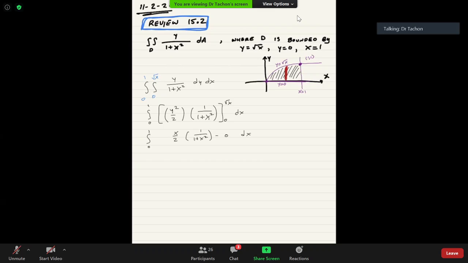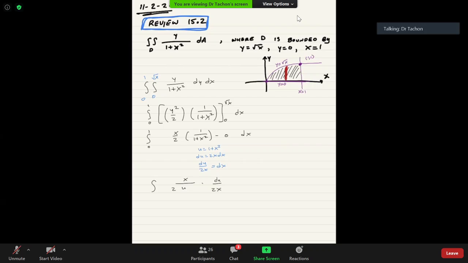So use substitution. Let u equal the denominator, 1 plus x squared. Then du is 2x dx, so dx is du over 2x. You rewrite this integral: you have x in the numerator, the 2 times u in the denominator, and then dx is du over 2x.